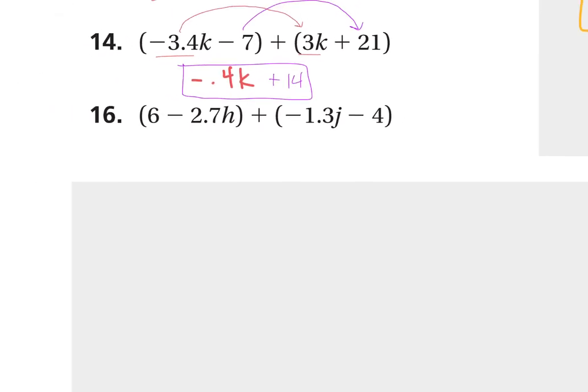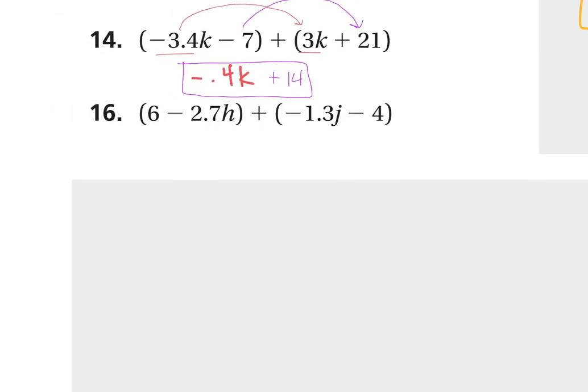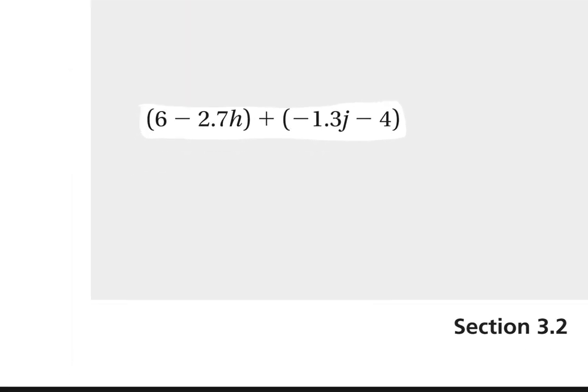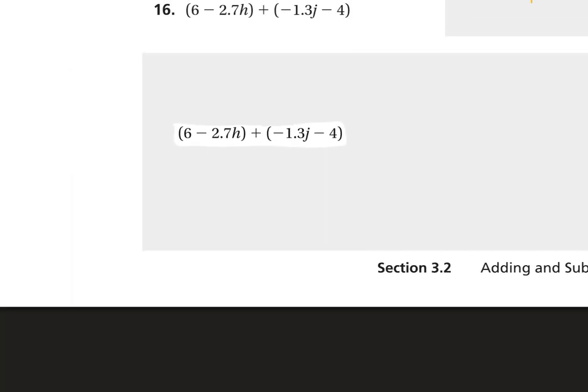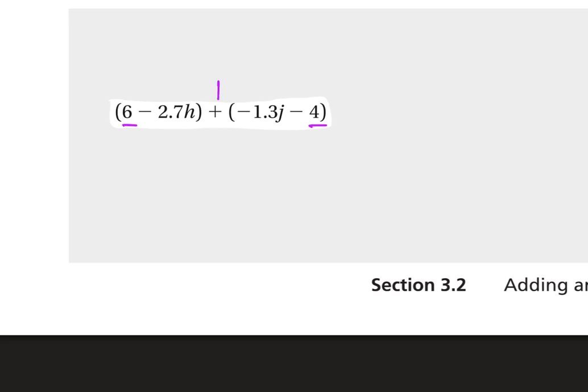Since I kind of wrote all over that, let's grab this, move it down here. So we got lots and lots of room to work on it. All right. 6 and negative 4. Those are like terms. And we're going to be adding.